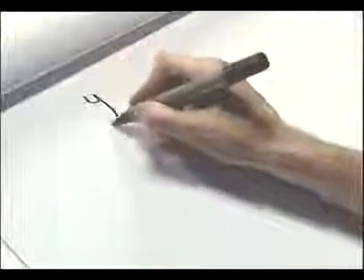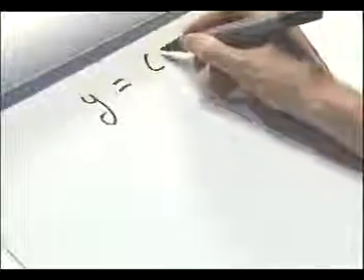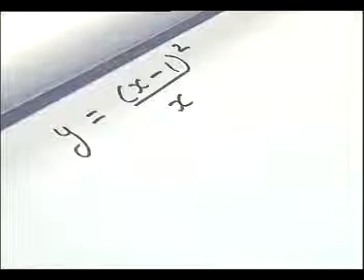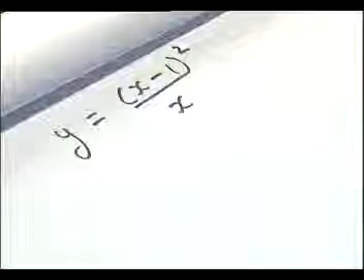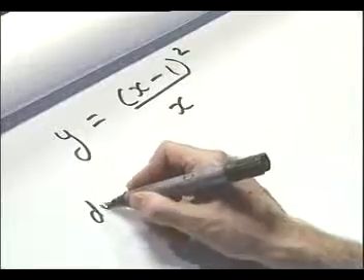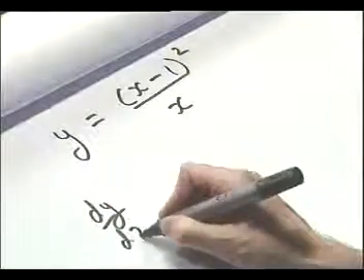We're going to be looking at finding the turning points of this particular curve. X minus 1 all squared over x. Well, it's a u over a v. It's a quotient. So we need to be able to differentiate as though it were a quotient.